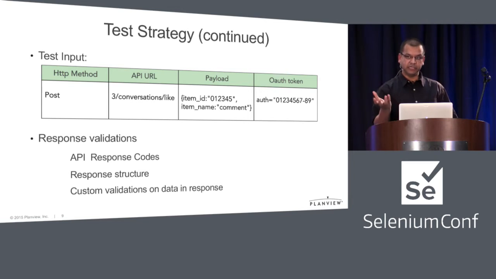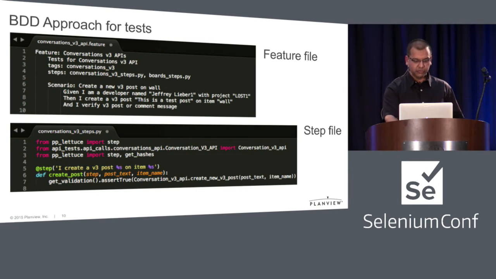In the response that we get back from the API, in these tests we validate the response code, the structure of the JSON, and there are also custom validations on the data which comes back as part of the response body. Now let's take a look at how we maintain API tests. As I mentioned, these tests follow the BDD approach.